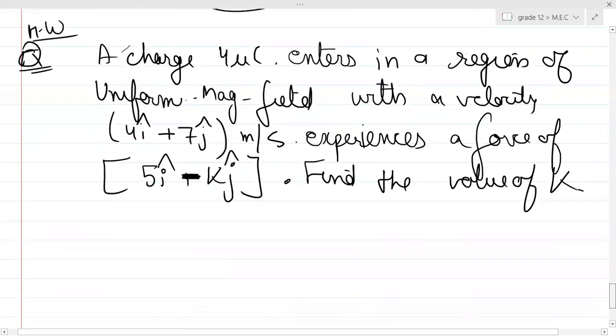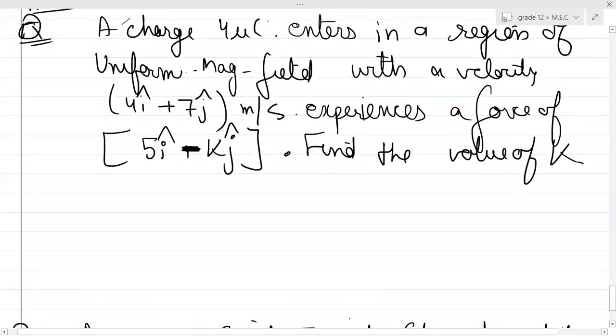Guys, have you noted down this question? Charge 4 microcoulomb enters. Everyone noted this question, right? Yes, sir. Okay.